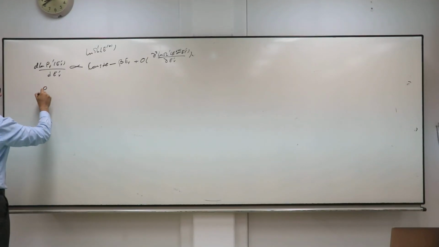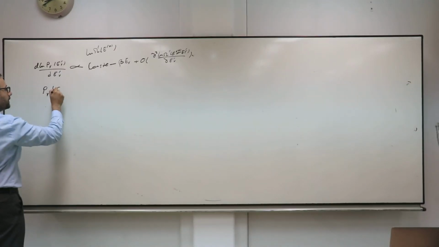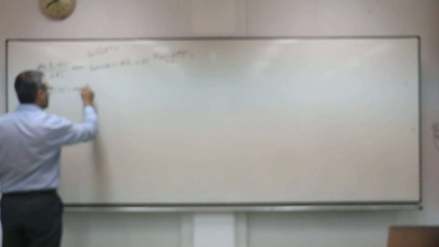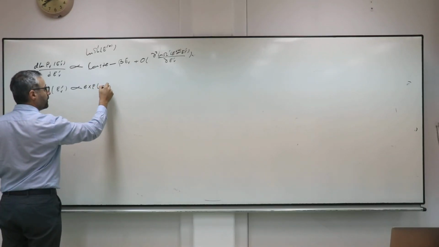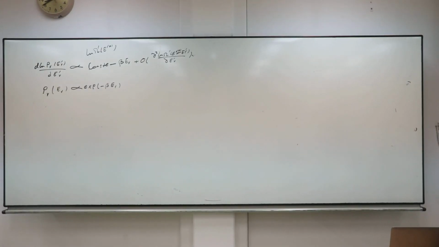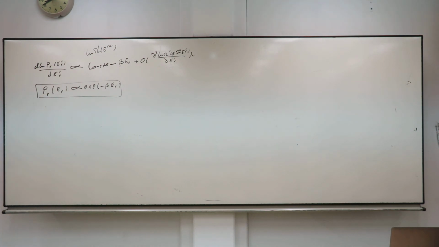So P of ER, the probability of finding the system in the energy level ER, is proportional to exponential minus beta ER. You can remove even the prime. So, this is, I want to explain about the probability.